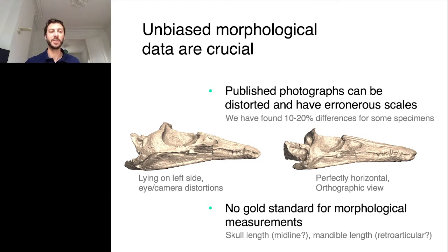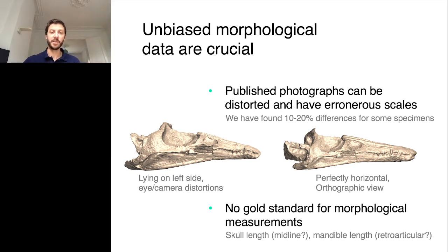So if these were two pictures in a paper, the measurements we would take out of these pictures would be pretty different. And we have found sometimes strong differences between what is present in a figure in a paper and what we get once we have the 3D scan with the unbiased data.